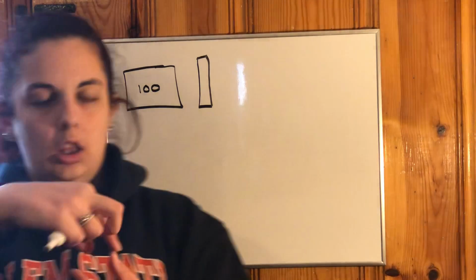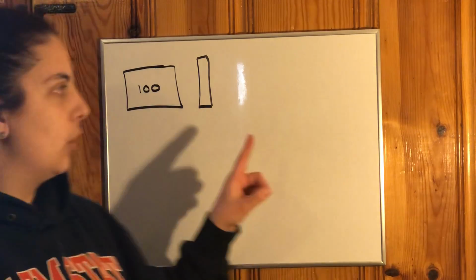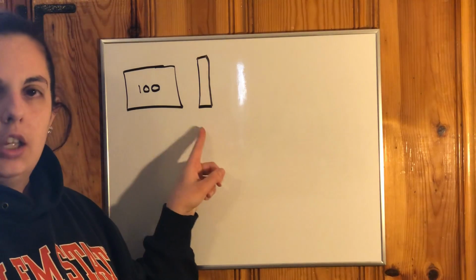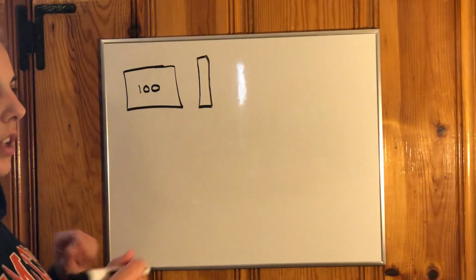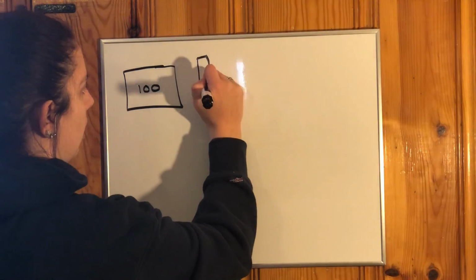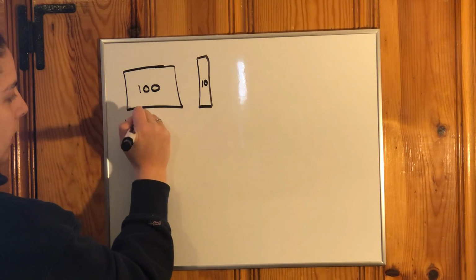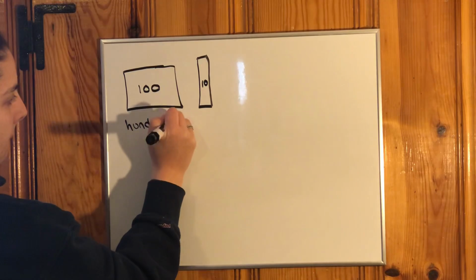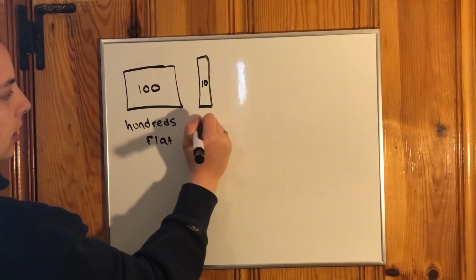In school, they were long, skinny green rectangles. These are for the tens. The value of each one of these skinny rectangles is tens. We call these tens rods. So this we call in school a hundreds flat. This is a tens rod.